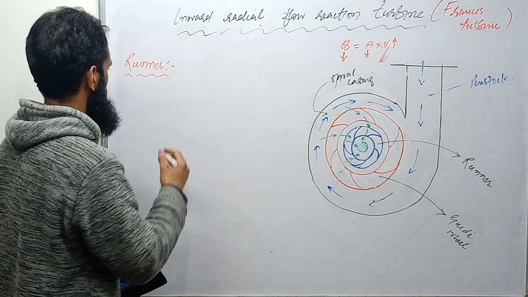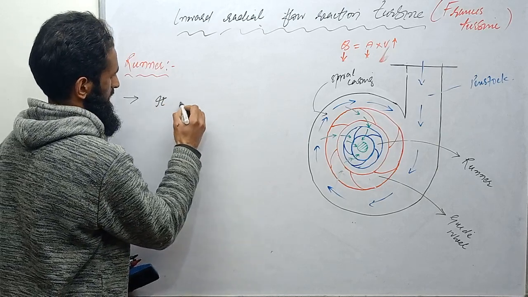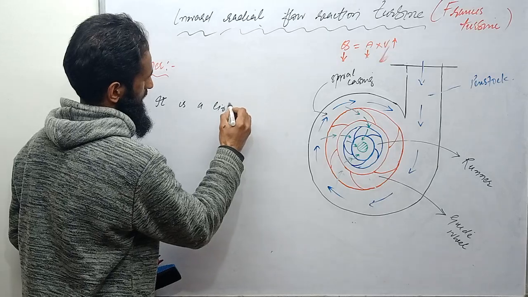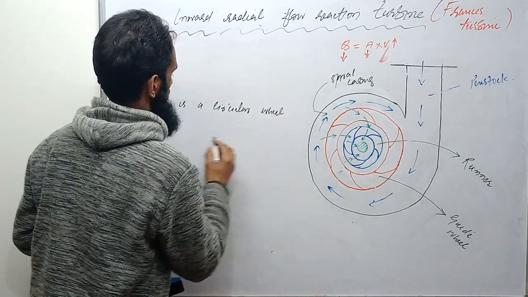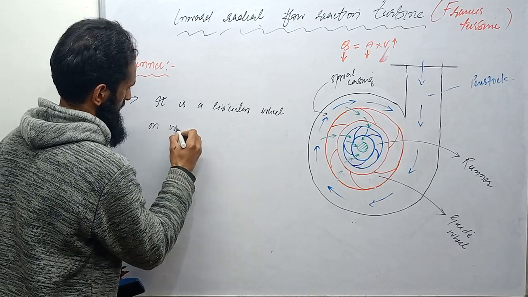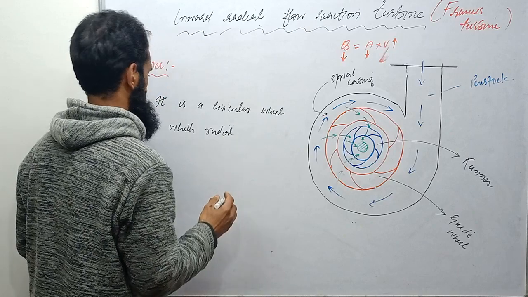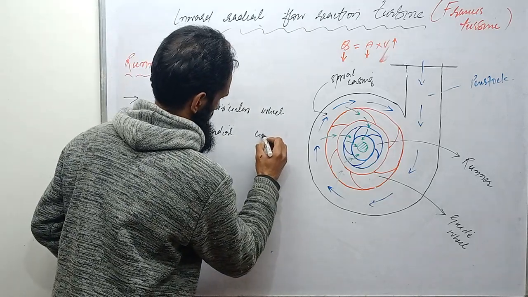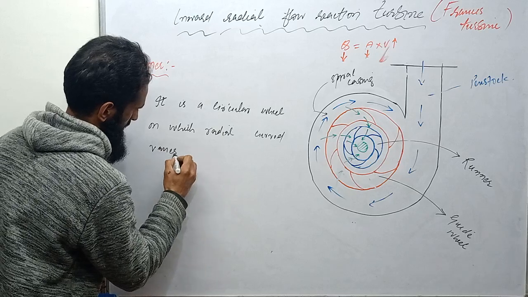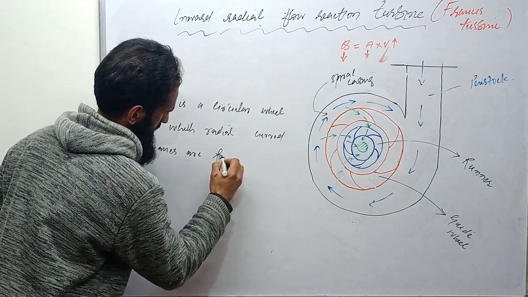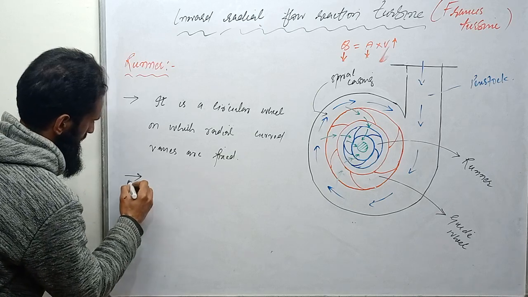So what is runner? It is also a circular wheel on which radial curved vanes are fixed.